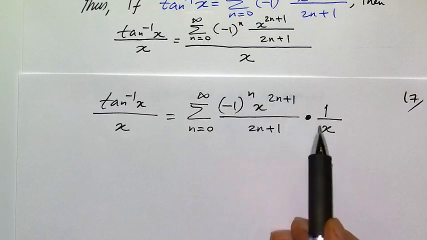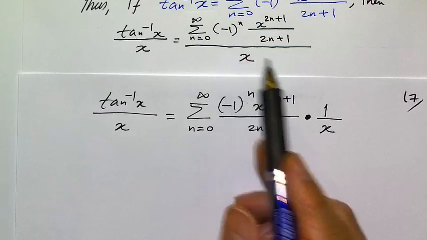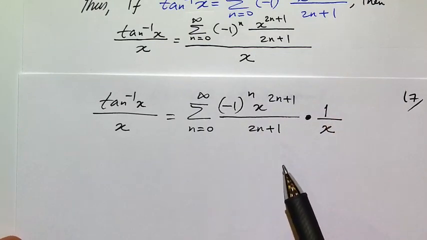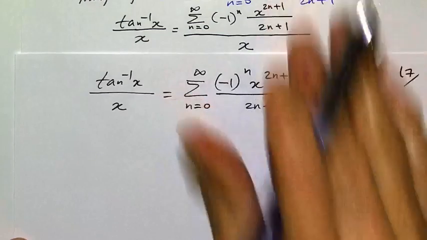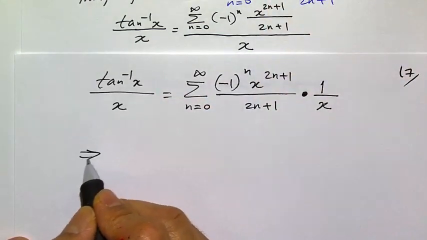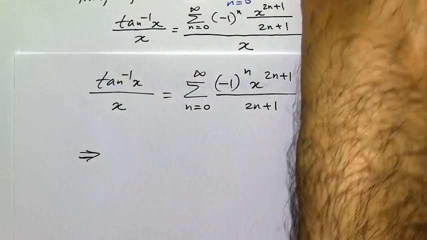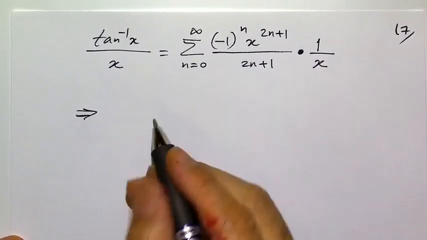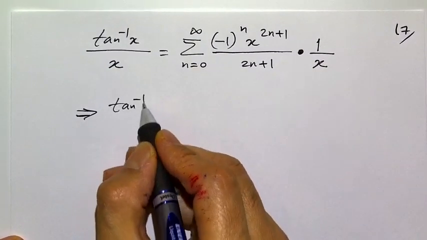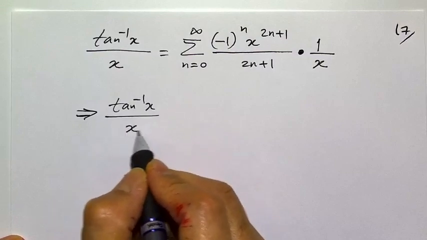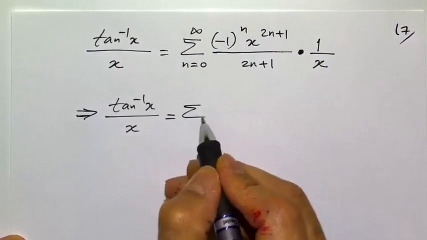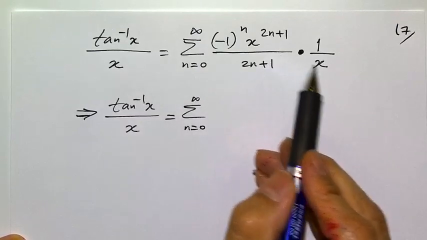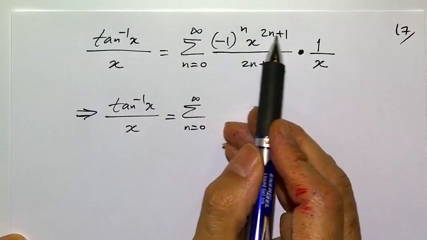You could have said, instead of this over x, all of this times x to minus 1 power. Okay, so after simplifying, this x to minus 1 power will cancel this.